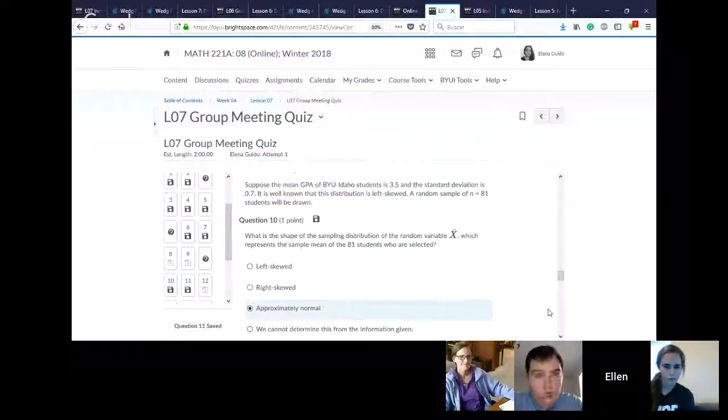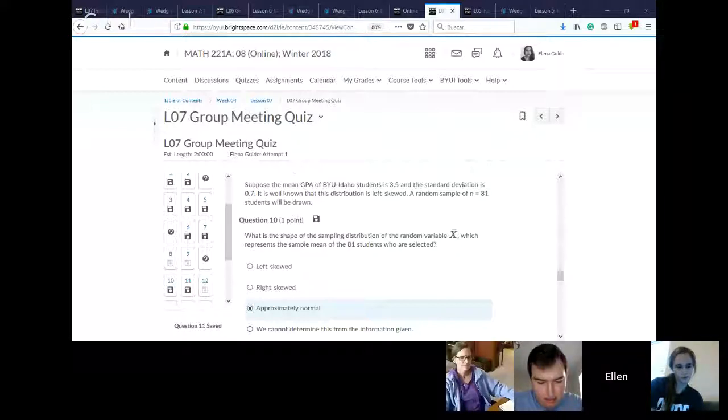What is the shape of the sampling distribution of the variable x-bar, which represents the sample mean of 81 students who are selected? I said approximately normal because it's a large sample. Yep, that's what I got too.